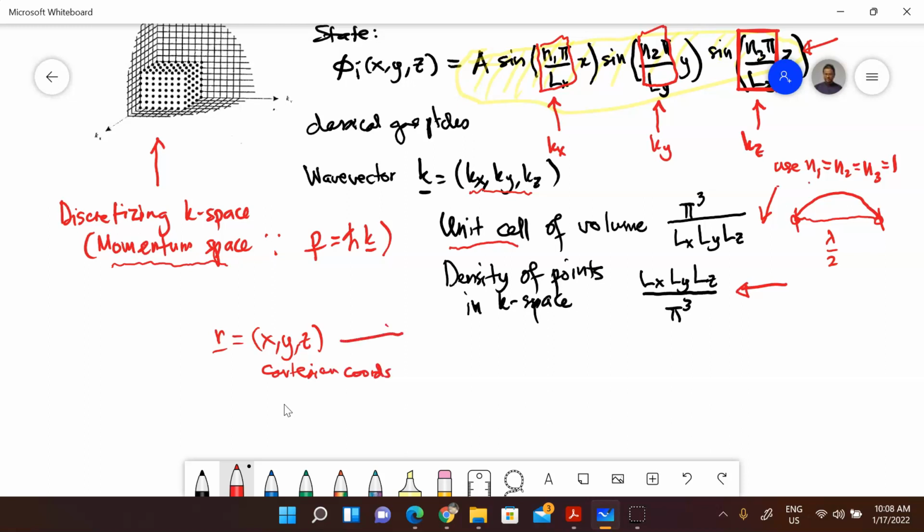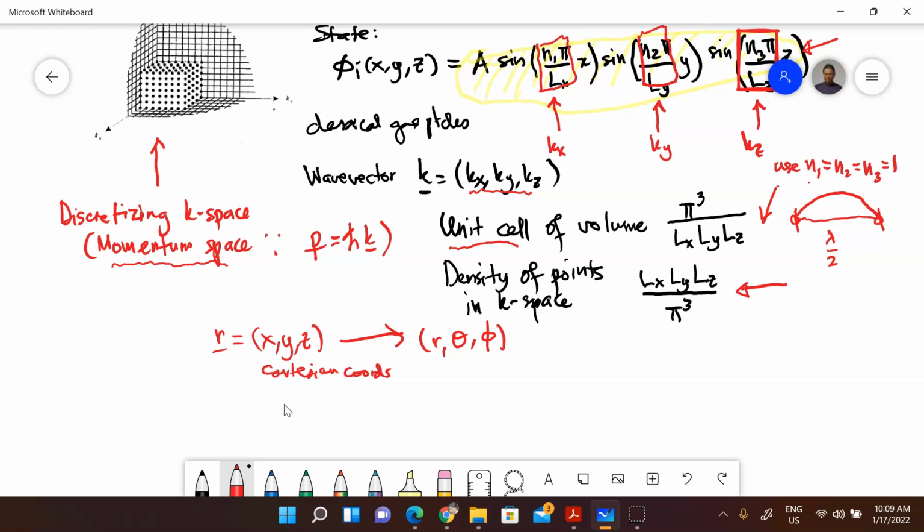You can convert this to a different coordinate system, which we call spherical polar. So what we're going to do is apply this to your k-space.